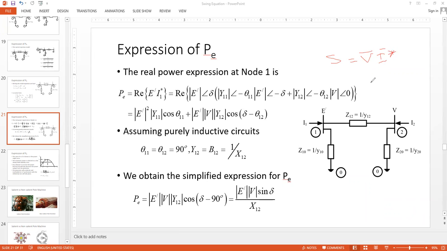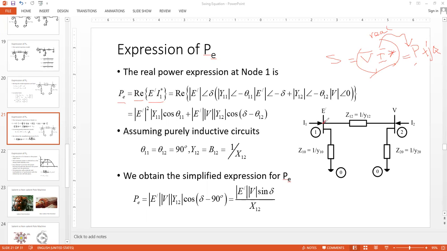All these are phasors. So what is the real part? We can also write it as P plus jQ. So the real part of this expression will give you P. That's why we are calculating P equals the real part of EI conjugate.